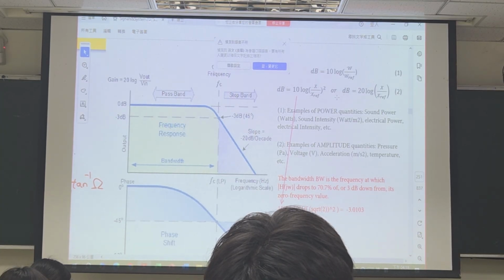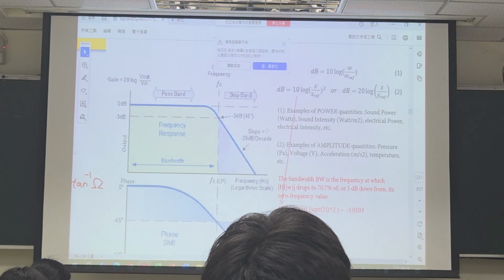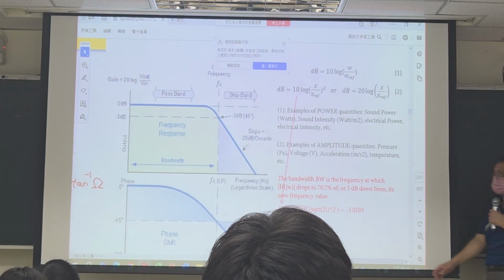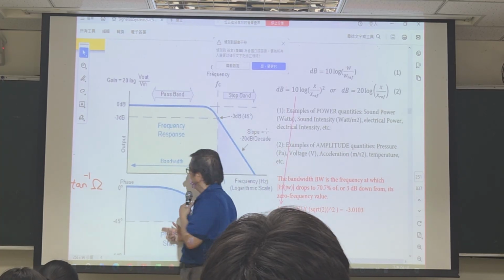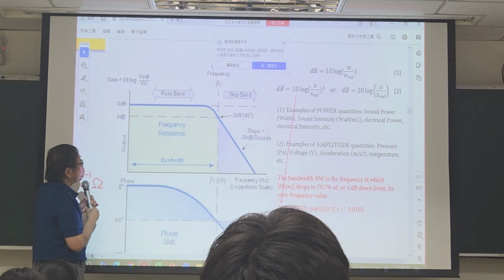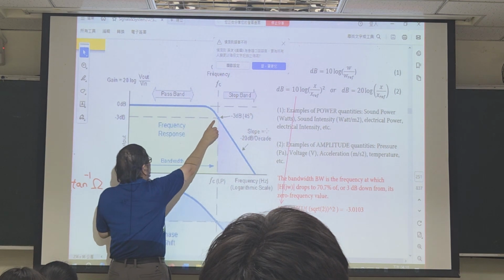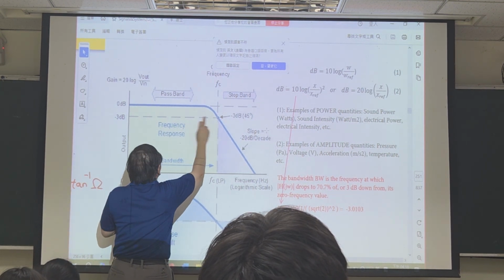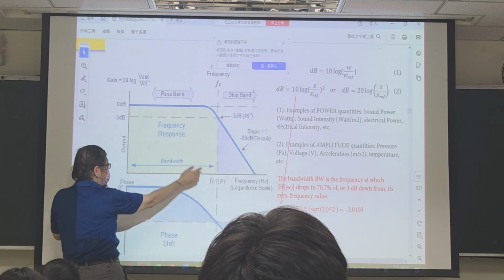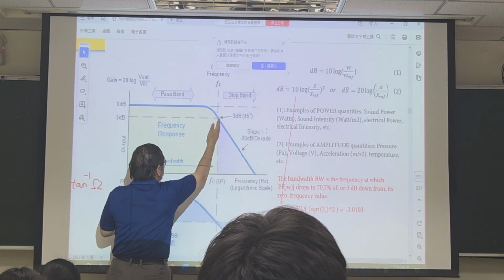Now, another terminology which is very important is the bandwidth. The bandwidth is when the output magnitude becomes negative 3 dB at a certain frequency here.